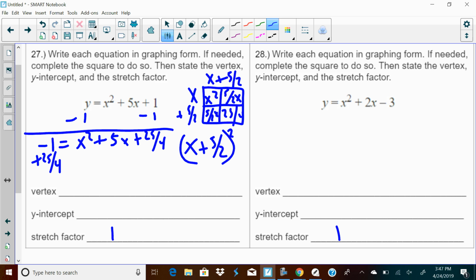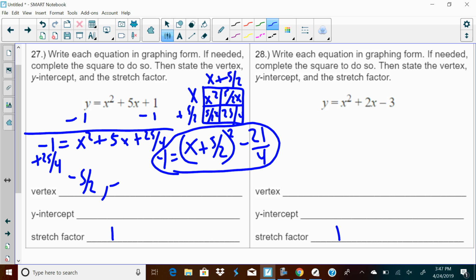Negative 1 plus 25 over 4 is positive 21 over 4, so when I put it over here, it's minus 21 over 4. So y equals that. My vertex is (-5/2, -21/4). My y-intercept is 1, so (0, 1).